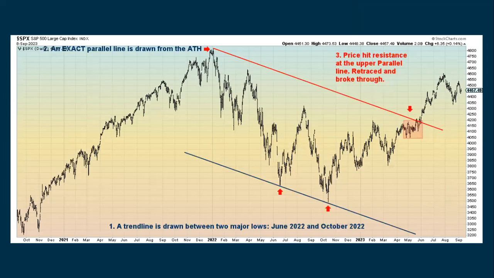Looking at some support and resistance, I refer to this in every daily video, but I only show this chart in this video because we're far away from this red line. How this chart was created was we drew a line from the low that we hit in June 2022 and also October 2022. That's the blue line on the bottom. And then I went to the all-time high and drew a parallel line to this lower trend line.